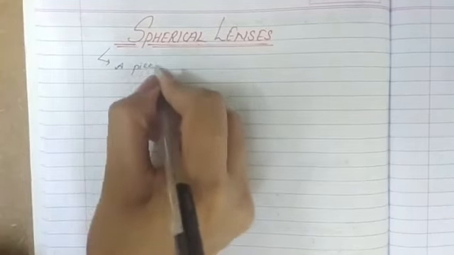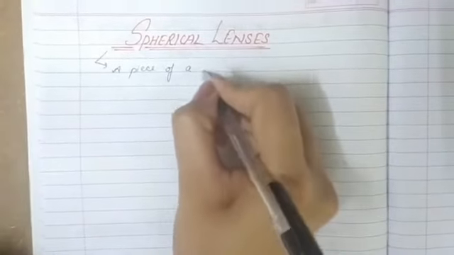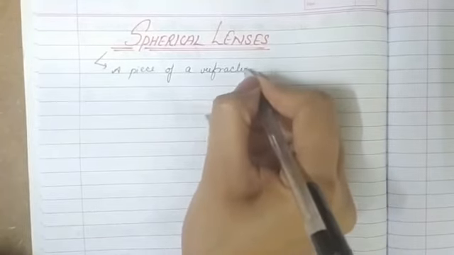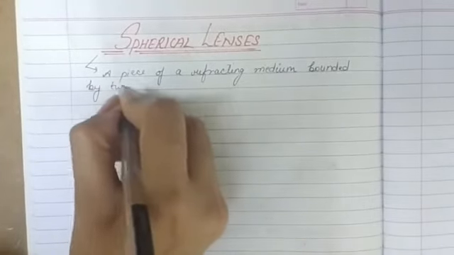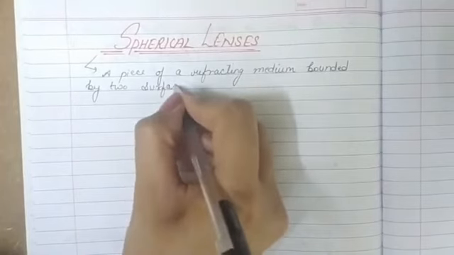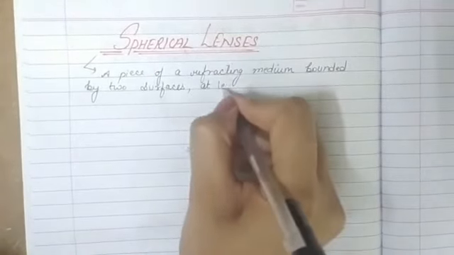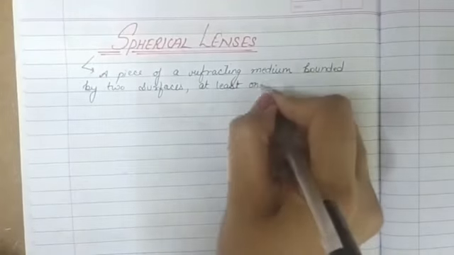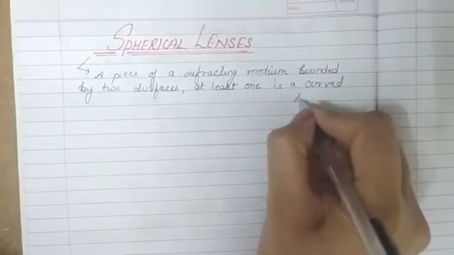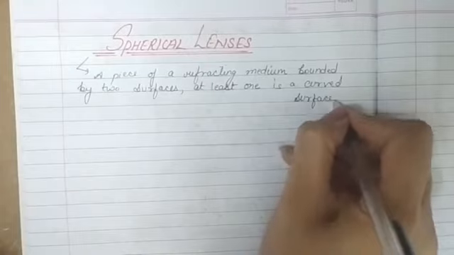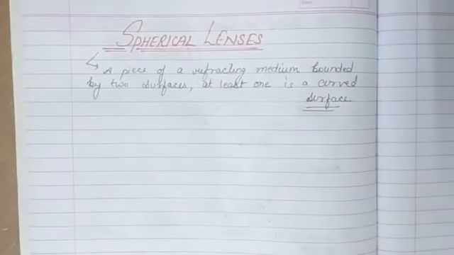So we can define a spherical lens as a piece of refracting medium bounded by two surfaces, at least one of which should be curved. So at least one is a curved surface, only then we can call it a spherical lens.